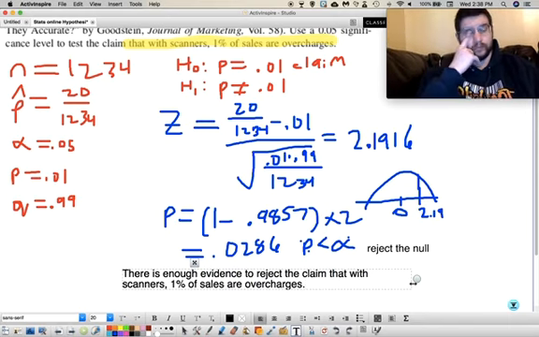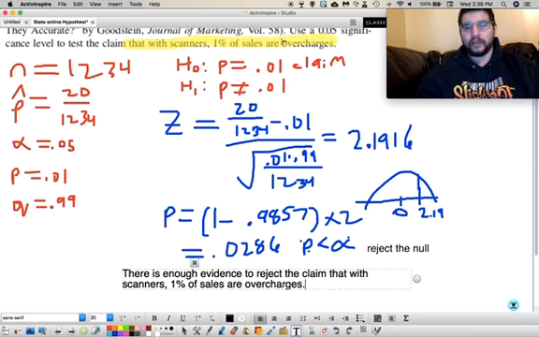So we have disproved this person's claim here. The only way that can happen is if the claim is in the null and we reject the null. That's exactly what we did here.